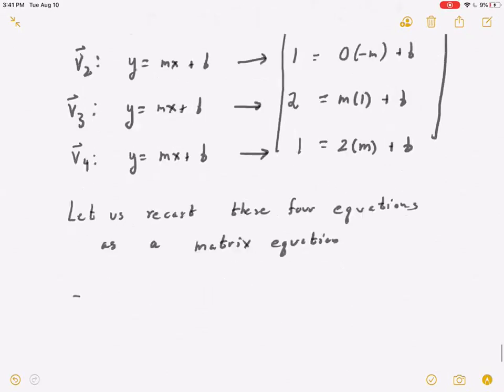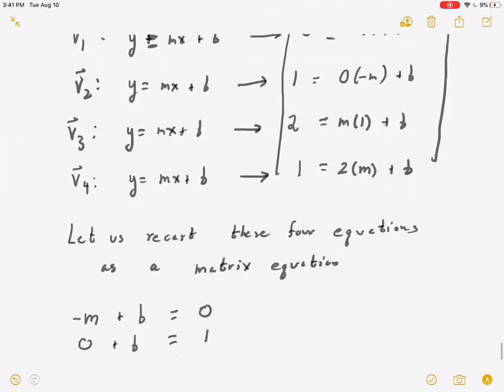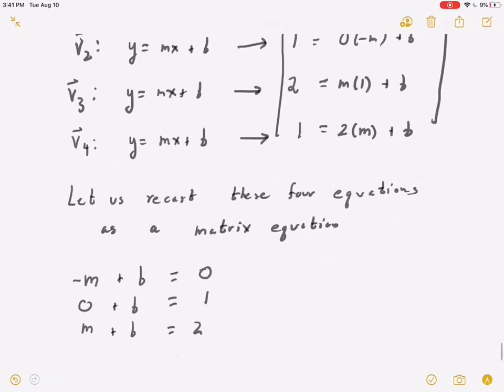Let me write it out differently so you can see where this is headed. Here's one equation. Here's another equation. Here is another equation. And here's my 4th and final equation.